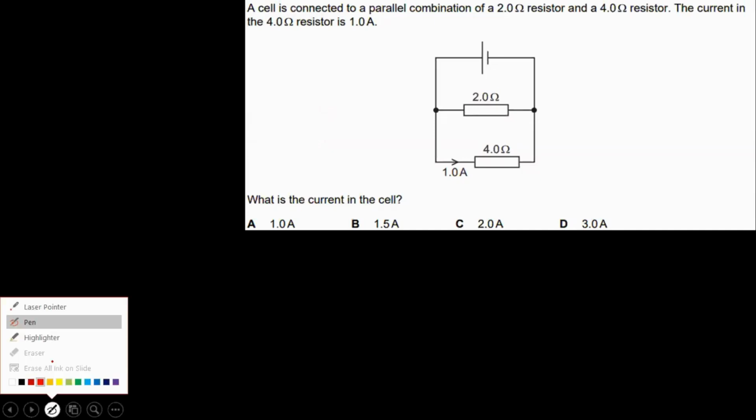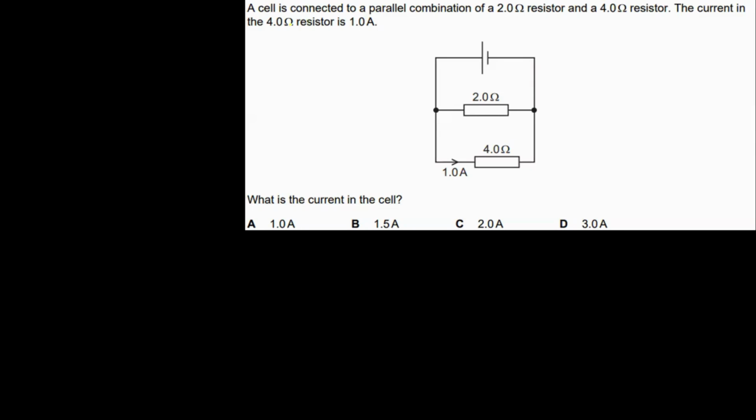Next question here we have is, a cell is connected to a parallel combination of a 2 ohm resistor and a 4 ohm resistor. The current in the 4 ohm resistor is 1 ampere. So which means that the current flowing through the 4 ohm resistor is 1 ampere, and there'll be some current flowing through the 2 ohm as well.